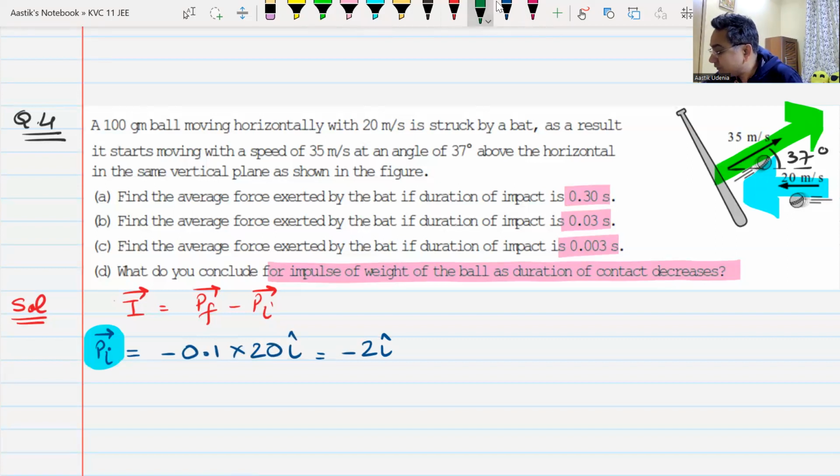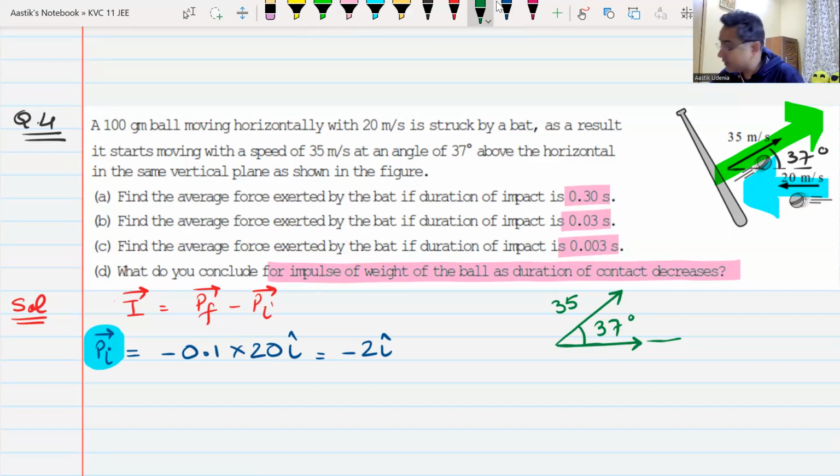Now the final momentum: the ball is going like this. If I can draw, this is the horizontal and this is how the ball goes with a velocity of 35 meters per second. This angle is 37 degrees. How am I going to write the velocity? I can write the velocity in terms of its components.